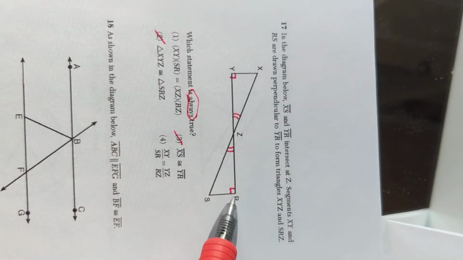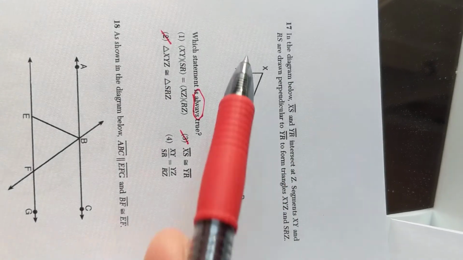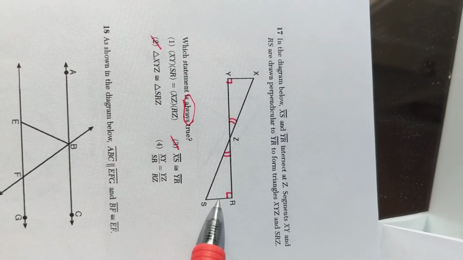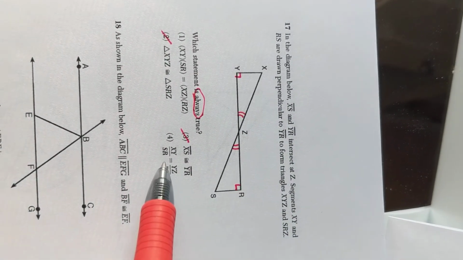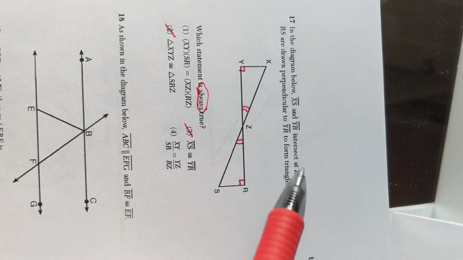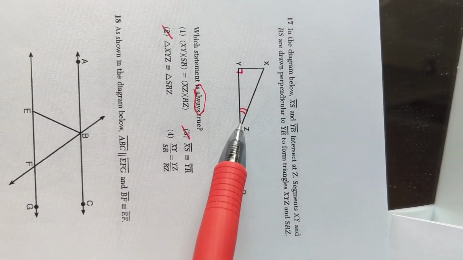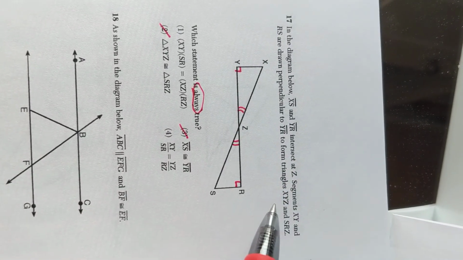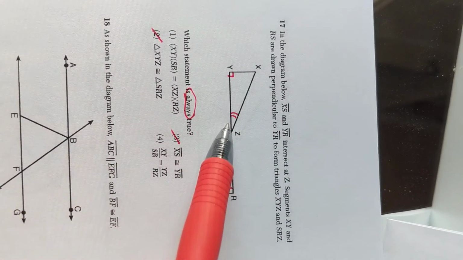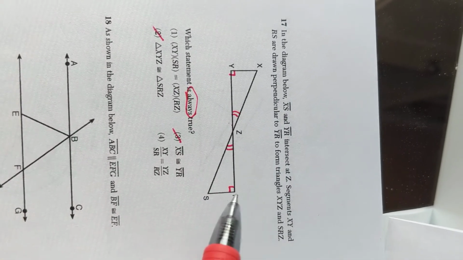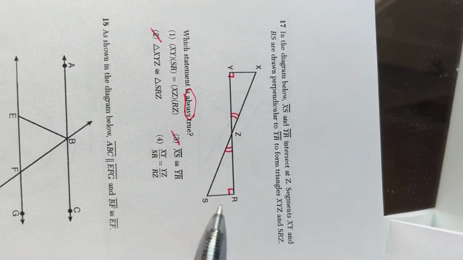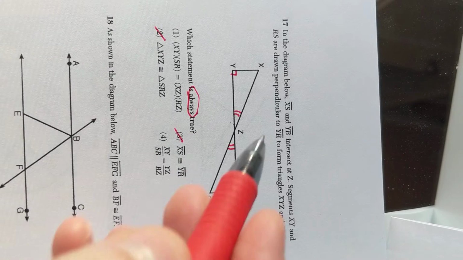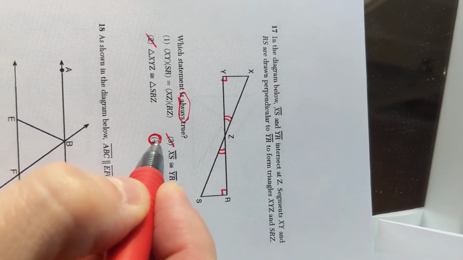That corresponds to SR. So this over this, that could be fair, equals YZ over RZ. Oh, YZ over RZ. Those would be corresponding parts, by the way. So I'm going with this one, but I'm going to show you how to deal with number 1.